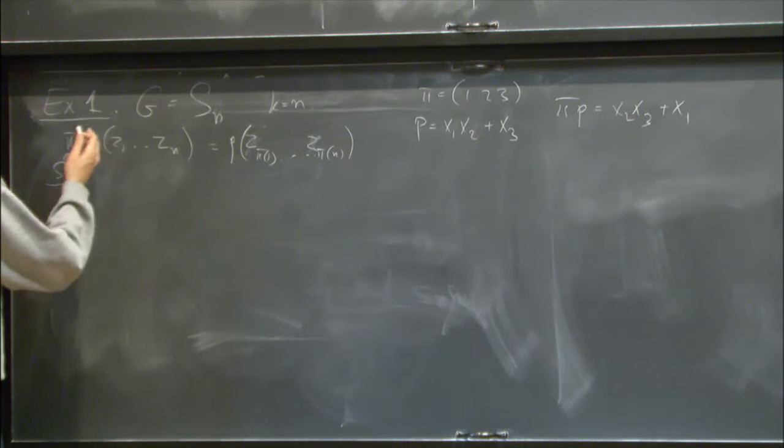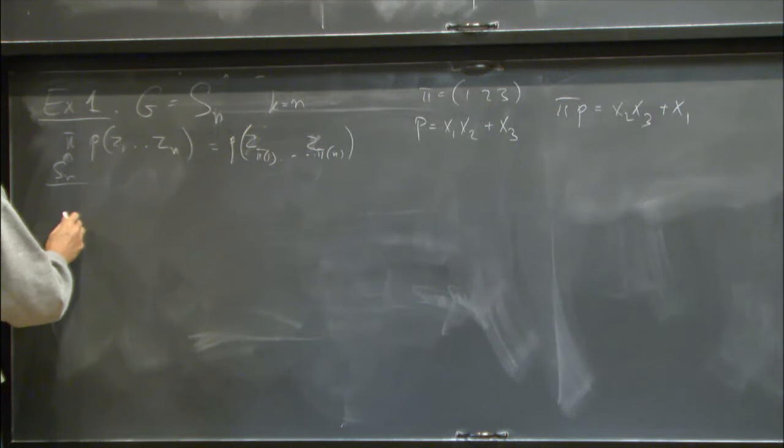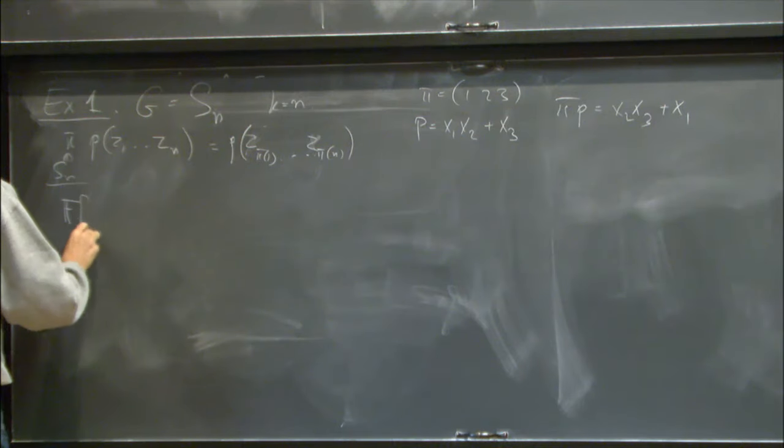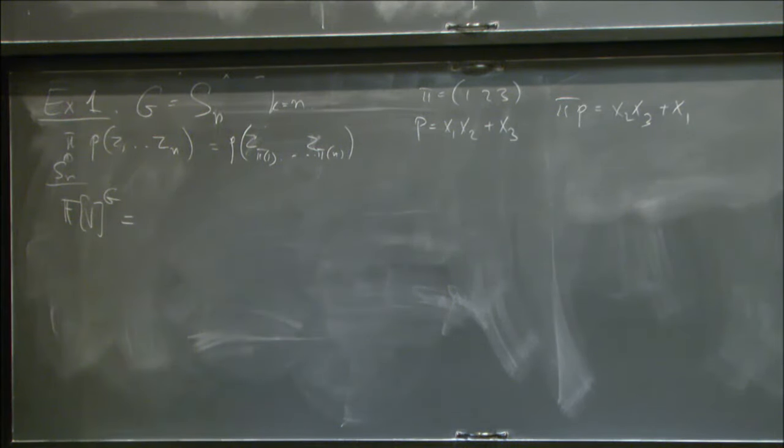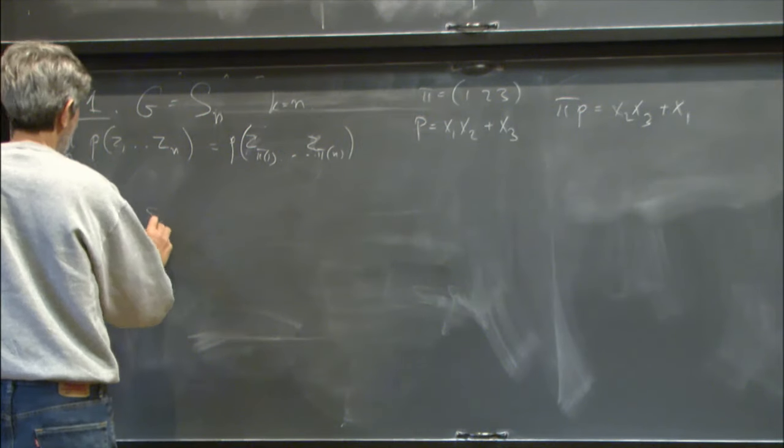Okay, very good. So now here's my challenge to you. What, in this example, are the polynomials which are invariant under the action of the symmetric group? Like some linear combination of symmetric. You actually have a name for them. Symmetric polynomials. These are the symmetric polynomials.